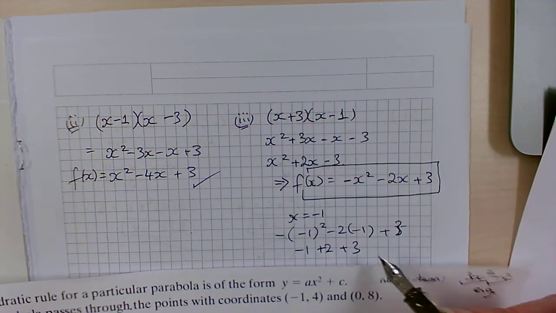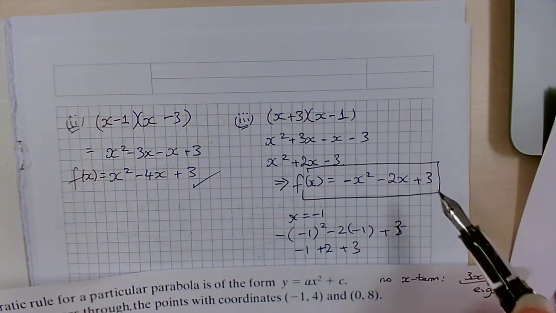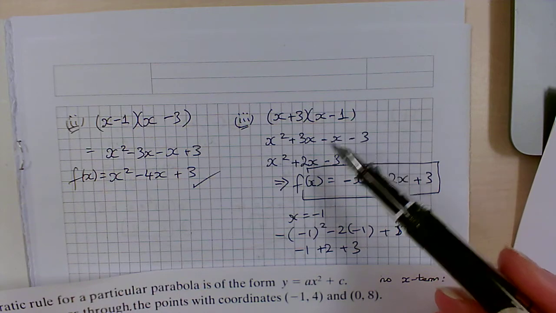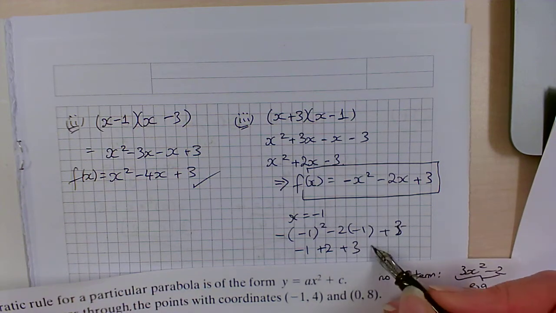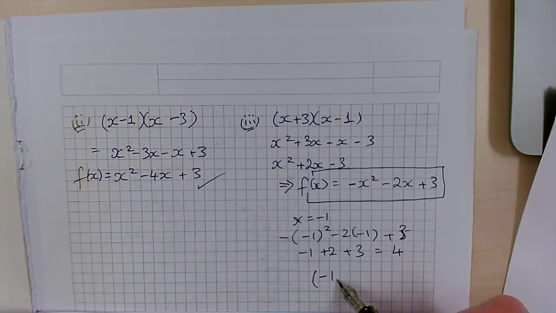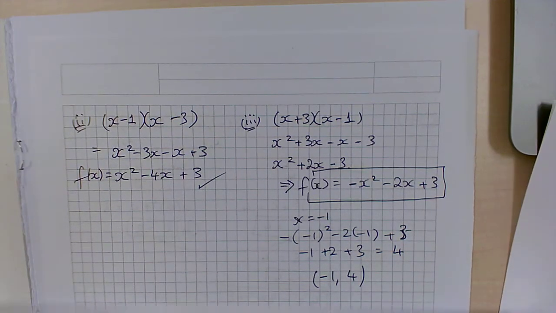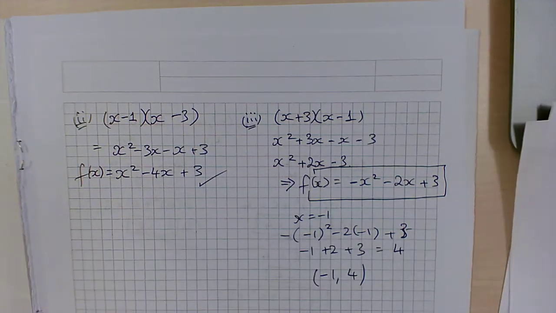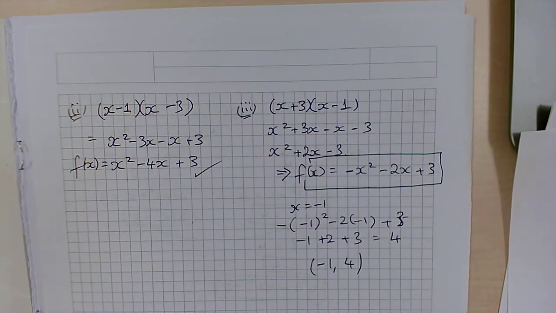I think there might be a mistake in the question, or else I've made a mistake somewhere in my calculations. That gives me a plus 4. That's telling me that the point (-1, 4) is on my function. I think there's a mistake in the question, but I'm just going to double check here.